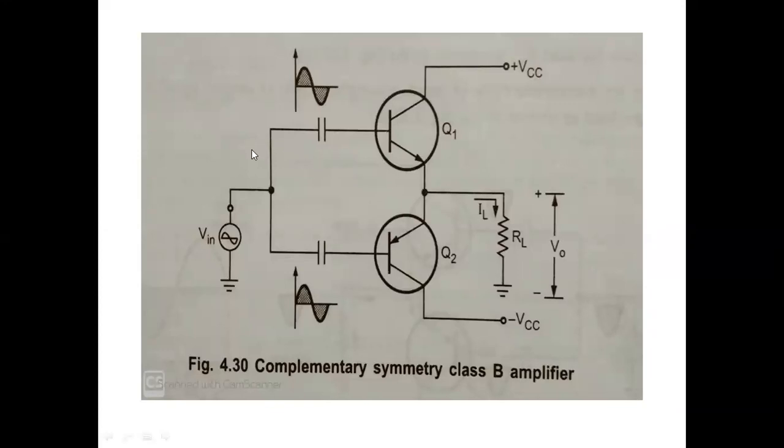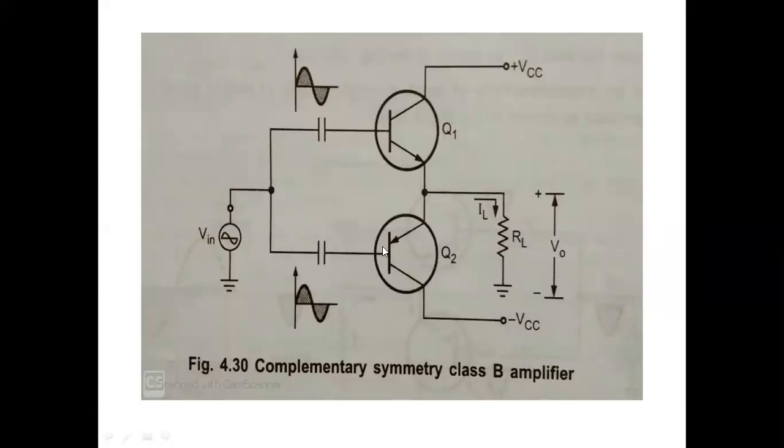So if you are applying some positive half cycle at the input, then that is transferred to transistor Q1, and this is an NPN transistor. When you are applying some positive signal, this will be on. The transistor Q1 is on and it will conduct, and we can get some positive half cycle at the load resistance.